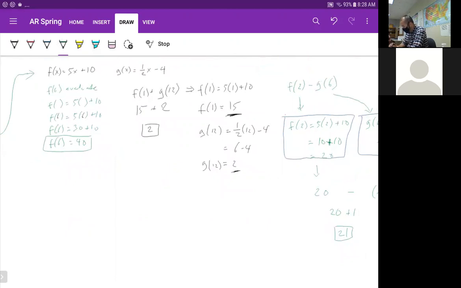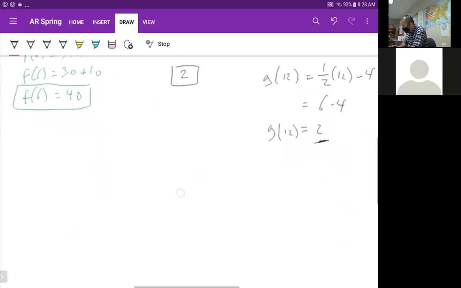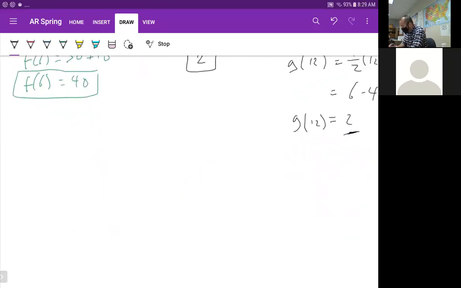So with multiplying, dividing, let's go black. So let's say you have 2 times f of -3. So it's the same thing. You do 2 times, let's do this.